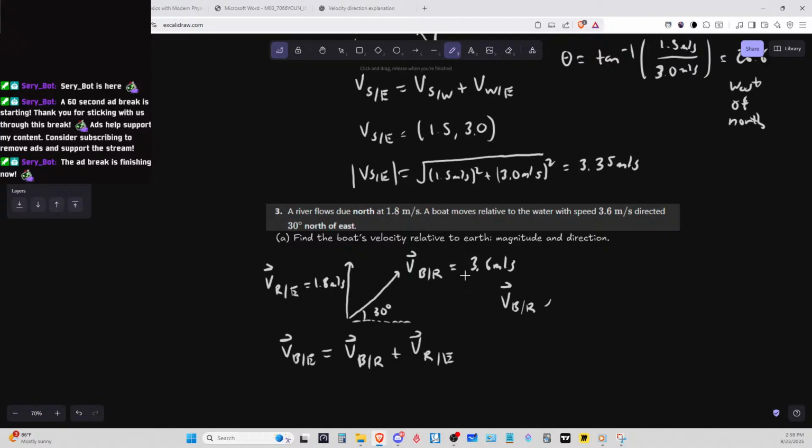So now we actually have to do actual trigonometry here, because we have this angle and then we have this. So the river is actually pushing this way. And I probably should draw this right here. So that way we have that that's the river.